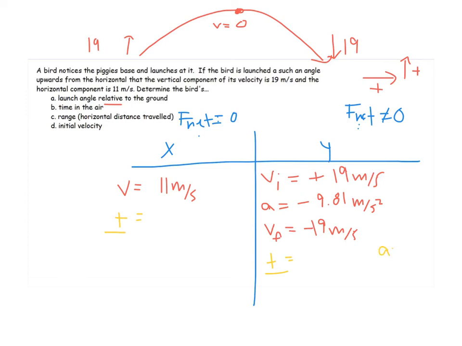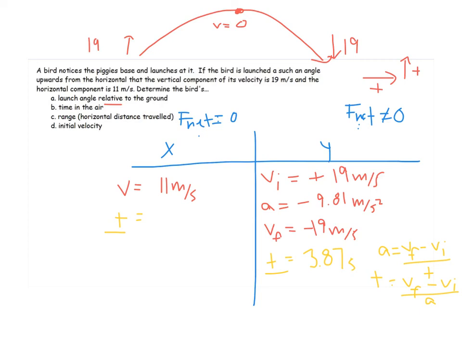I know that acceleration is Vf minus Vi over t. So my time is my Vf minus my Vi over my acceleration. So minus 19 minus 19, I mean minus 38, divided by negative 9.81 gives me a time of 3.87 seconds.